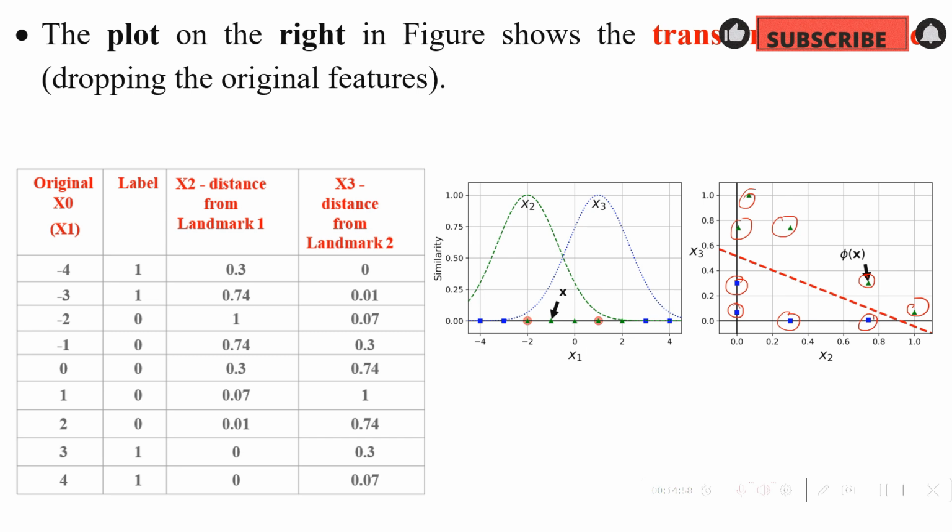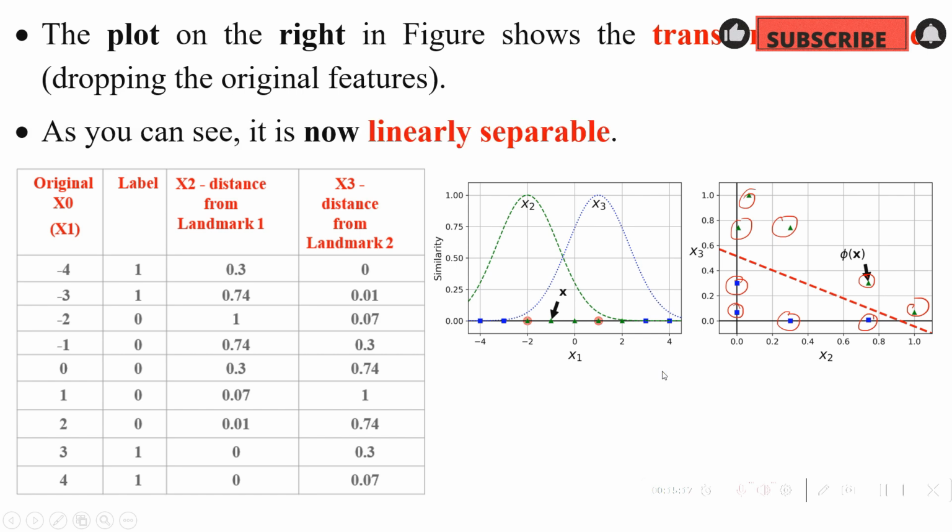That means first of all we are transforming the non-linear data into other features, and based on the new features we are going to separate the data into two parts. That data is going to be classified with the help of a linear equation. Now we are going to classify these green points and blue points with the help of a linear equation. That is linearly separable.